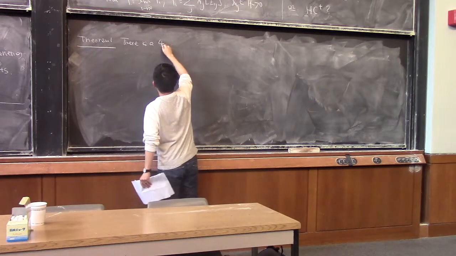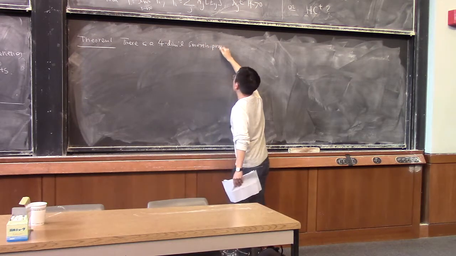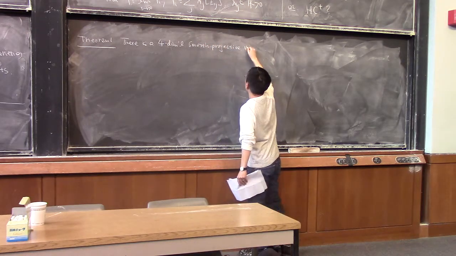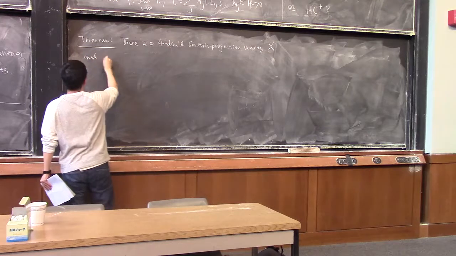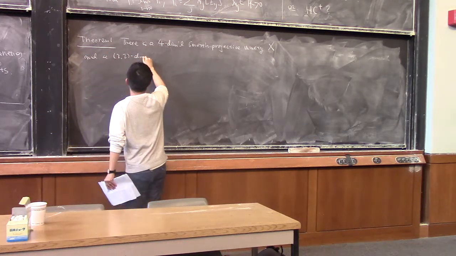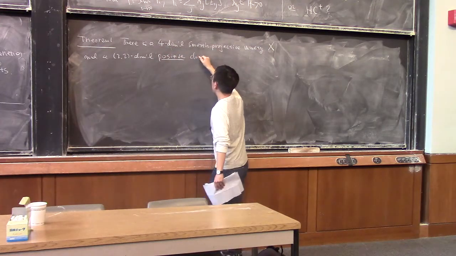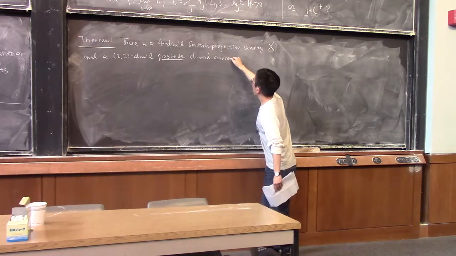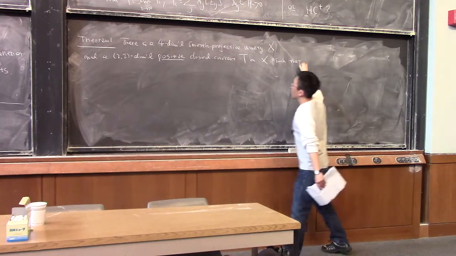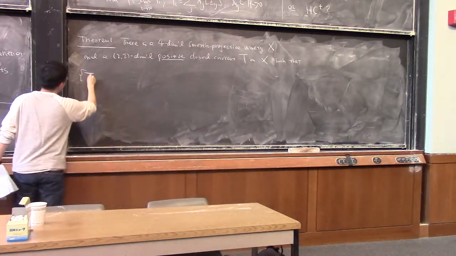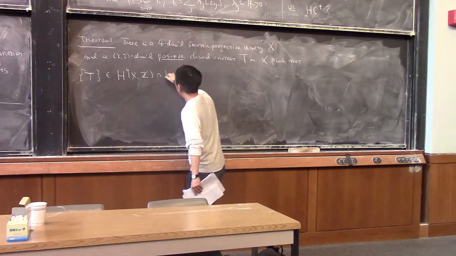You could construct a four-dimensional smooth projective variety X and a two-dimensional positive closed current T on X such that this cohomology class lies in the integral cohomology like this.